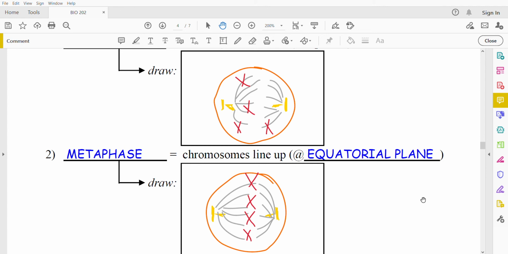So if you think of the equator of the Earth, so here we have the Earth, we have our North Pole, and we have our South Pole. So we have an equator going right in the middle of the Earth.